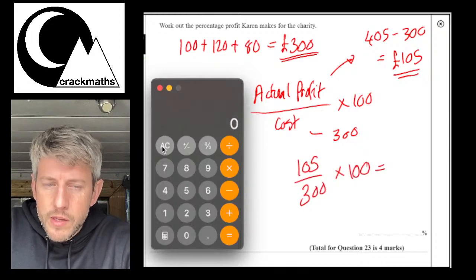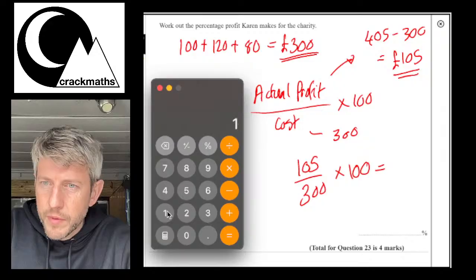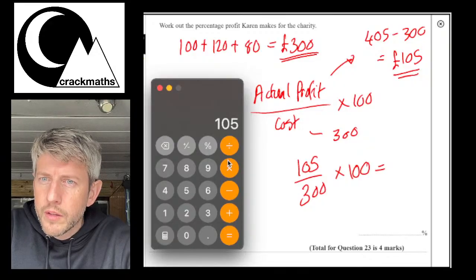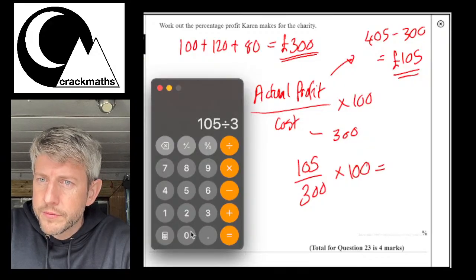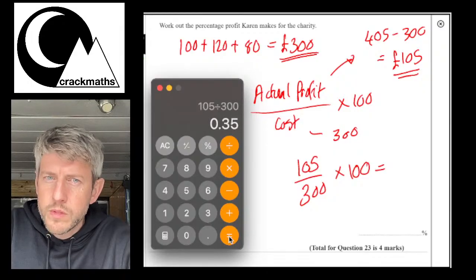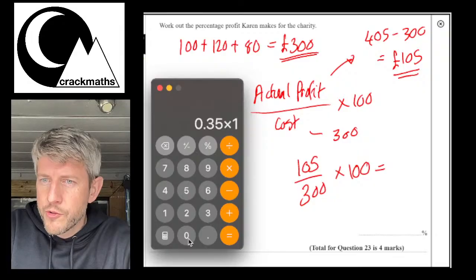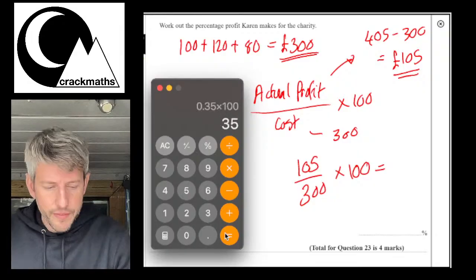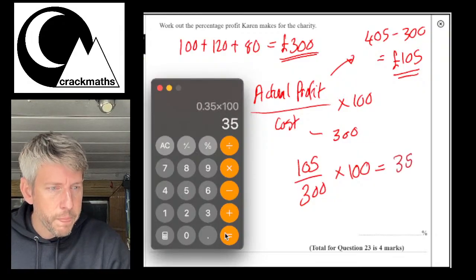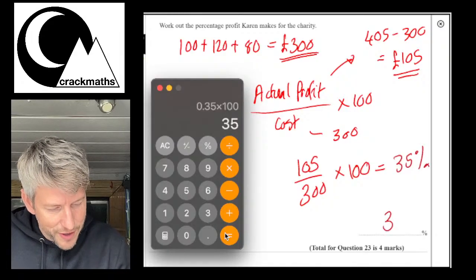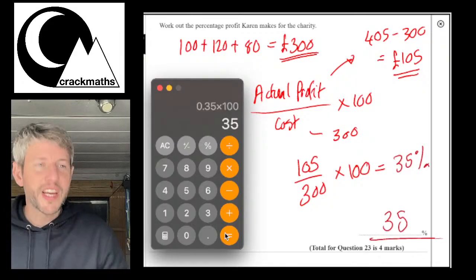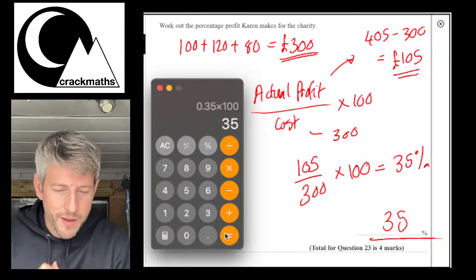I'm going to do this in stages first. I'm going to do 105 divided by 300 first, and then press equals. So that equals 0.35. Now I'm going to multiply this by 100, and that equals 35% profit. Okay, that's not bad. She's made 35% profit. She can be pretty pleased with her party sales.